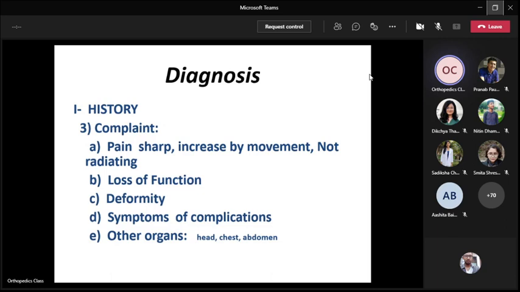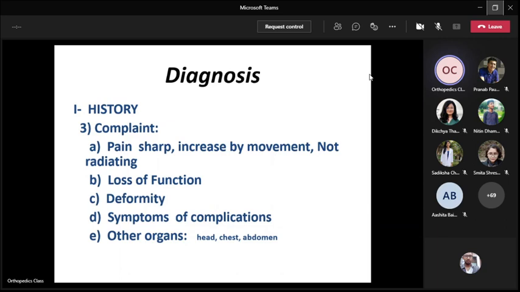Deformity depends upon the displacement; the patient may have no deformity or sometimes an obvious deformity. Complications like neurovascular complications, or compartment syndrome, may occur, and they have their own symptoms.